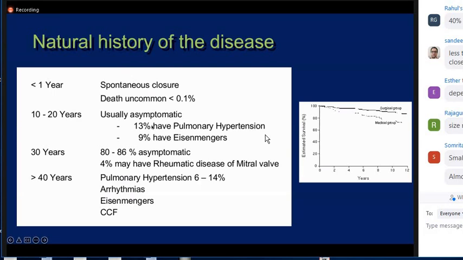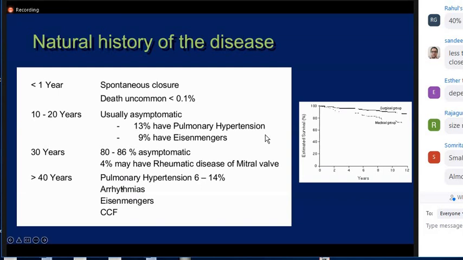Death is extremely rare in isolated ASD unless associated complications like pulmonary hypertension or mitral valve disease are present. In an uncomplicated atrial septal defect, close to 13% will have pulmonary artery hypertension in the less than 20 years age group, and they develop Eisenmenger syndrome only in 9% of cases.